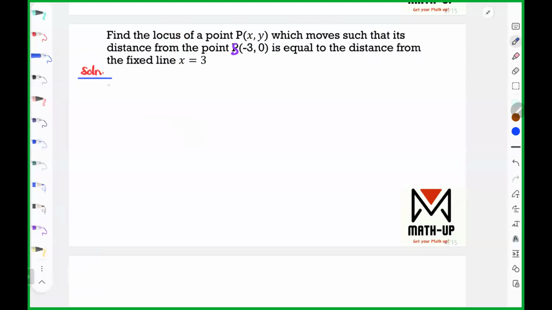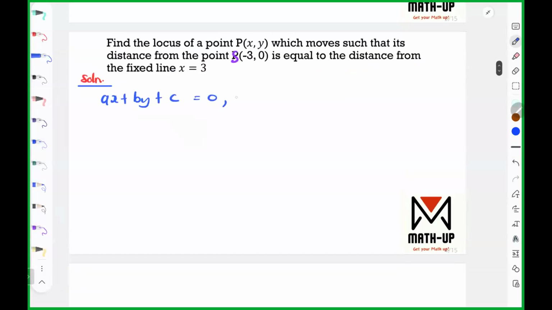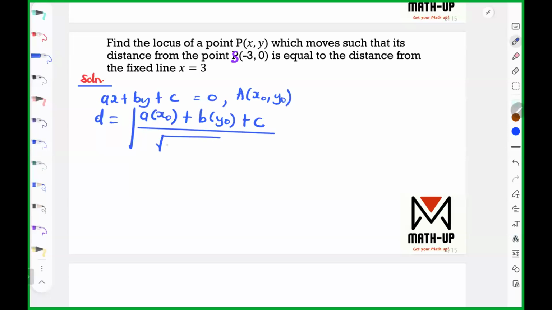So if I have a line ax plus by plus c is equal to 0, and I want to get the perpendicular distance of a point (x0, y0) from that line, that distance is equal to the magnitude of a times x0 plus b times y0 plus c, out of the square root of a squared plus b squared.